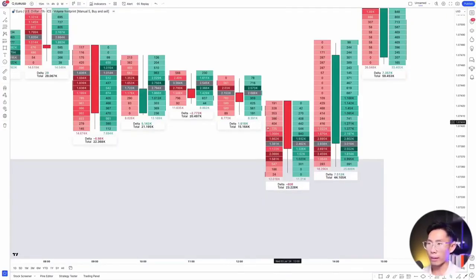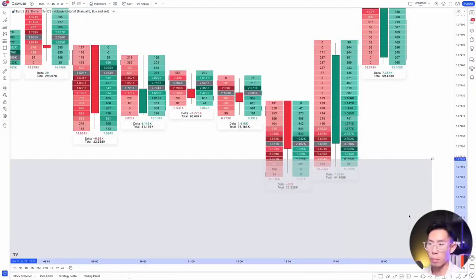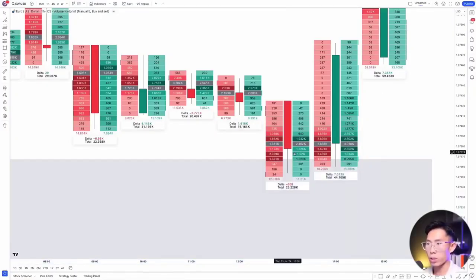And if you look at this candlestick right here, the one that touched into the demand zone, there was a lot of aggressive selling that results in a negative delta. There's a lot of trading volume and a lot of aggressive selling. But if you look at the buy orders, there is 2.462k buy orders, and that completely overwhelmed the 1.381k sell orders.